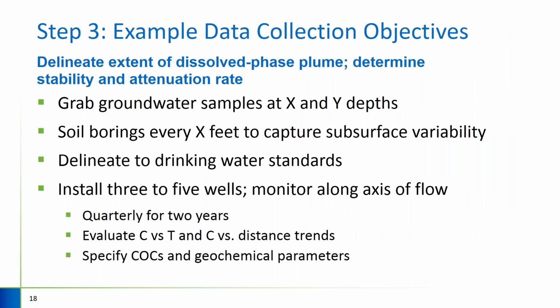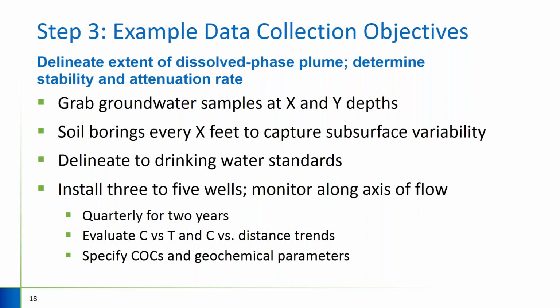Another take on step 3, if we think toward our dry cleaner example, you can say our objective is to delineate the extent of the dissolved phase plume to determine the plume stability and maybe get a handle on the attenuation rate. To do that, we're going to collect groundwater samples at specified depths.